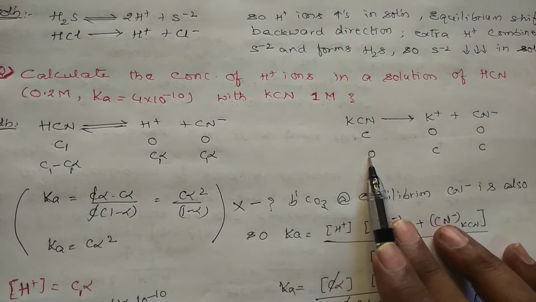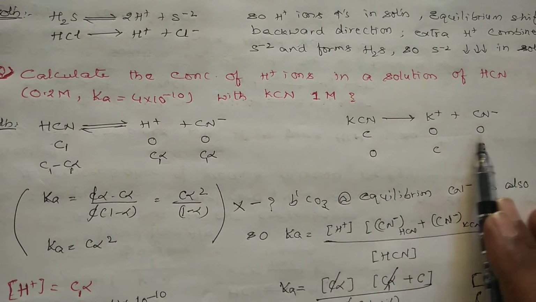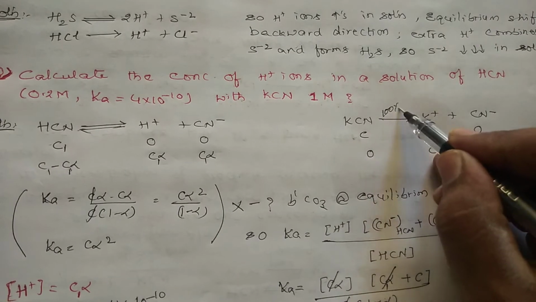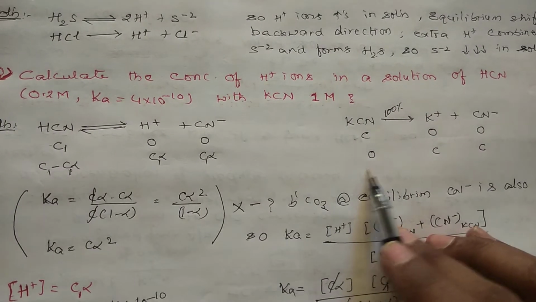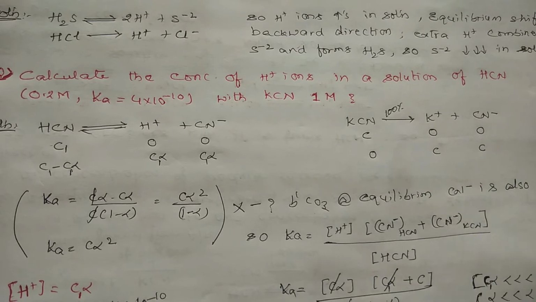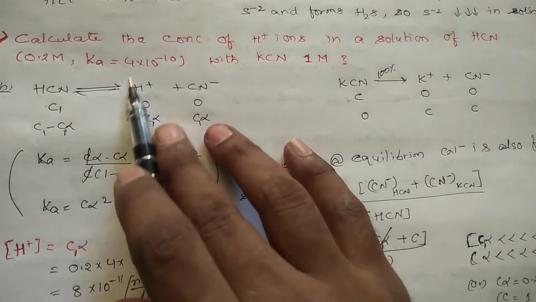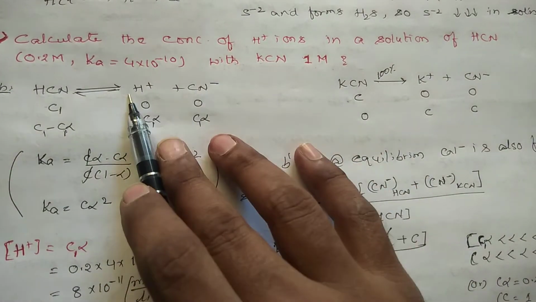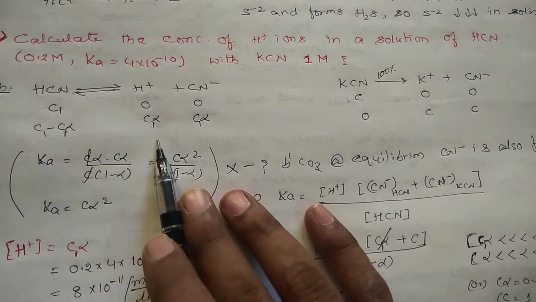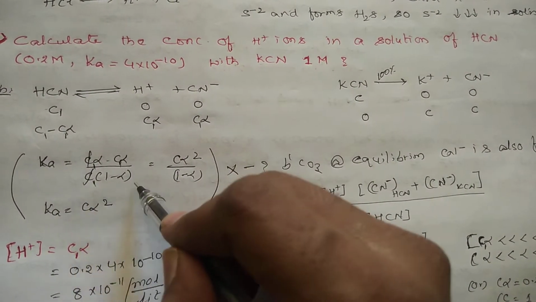If you go for KCN, it is K⁺ and CN⁻, concentration is C, the products are 0, 0. After some time, KCN gets 100% dissociated, because this is the stronger one. So this becomes 0, and the K⁺ and CN⁻ each have concentration C. Now for the equilibrium constant Ka: concentration of the products divided by concentration of the reactant, so C1α into C1α by C1 into (1 minus α).